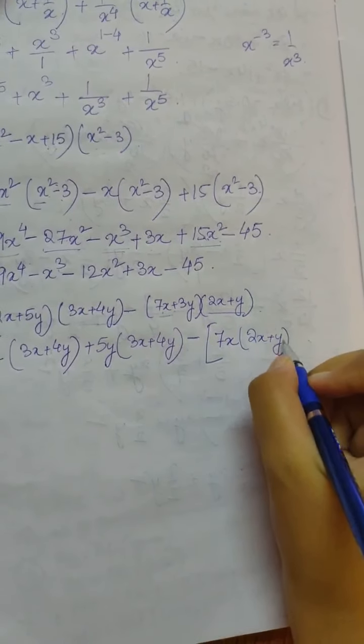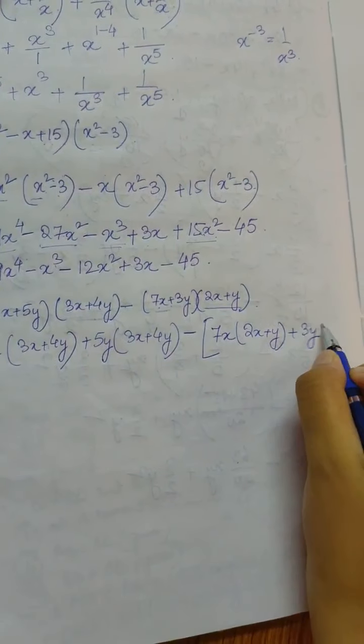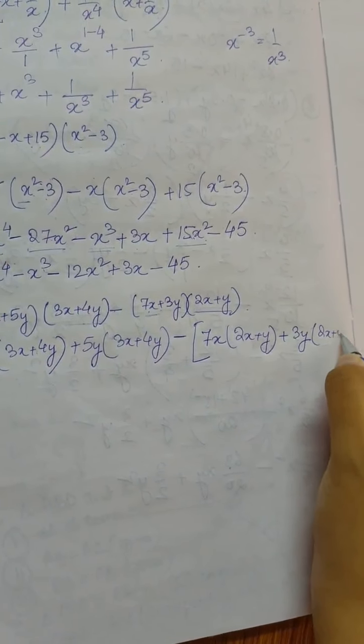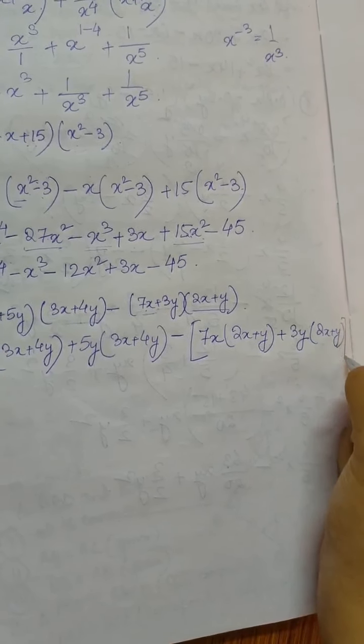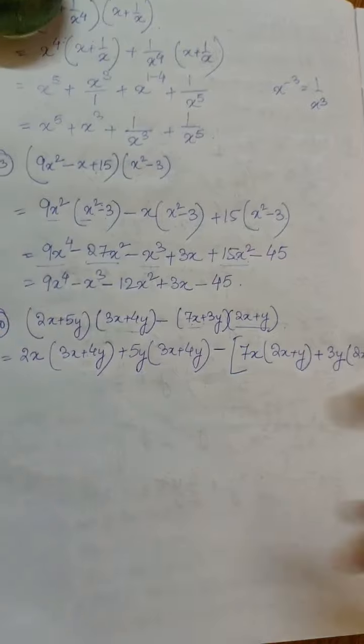Then the next we are having plus 3y. So with this plus 3y, we are multiplying this 2x plus y. Remember, I have given this third bracket only for minus, because after taking this minus part, all the signs inside the bracket will change. Okay. So now before taking this minus, we will simply multiply them. Then at last we will open the third bracket.